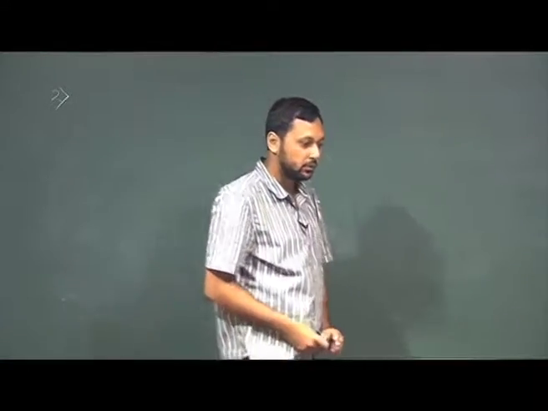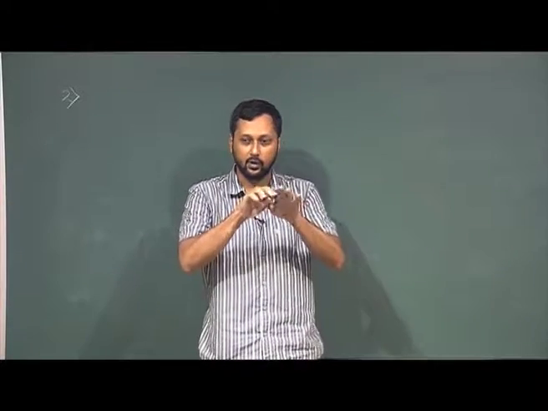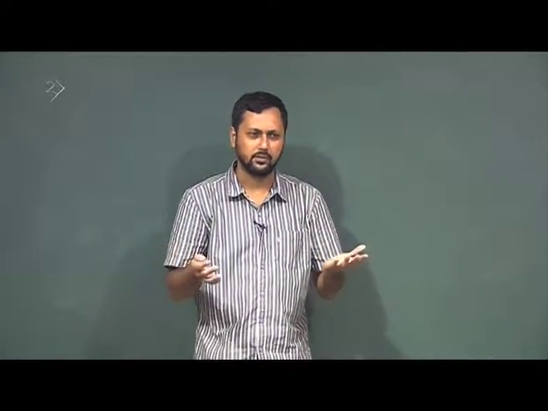Problem number 2 is the principle of variation, where we have to demonstrate that the shortest distance between 2 points on a plane is a straight line. Now, we should not just say a plane; we should say 2 points on a Euclidean plane, because we can also go along the surface of some sphere or some cylinder.